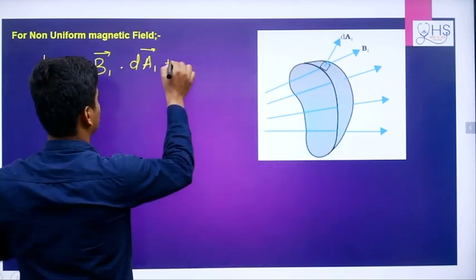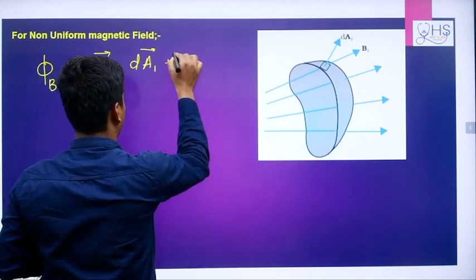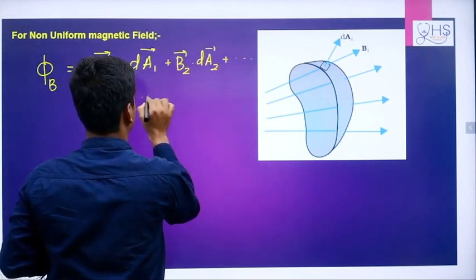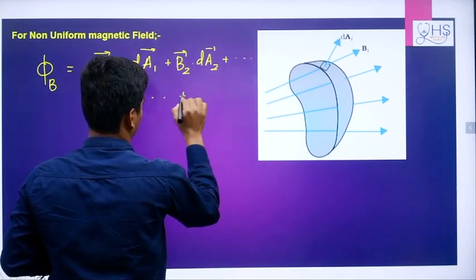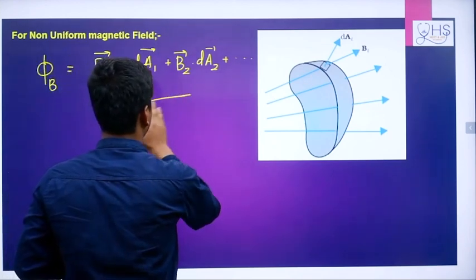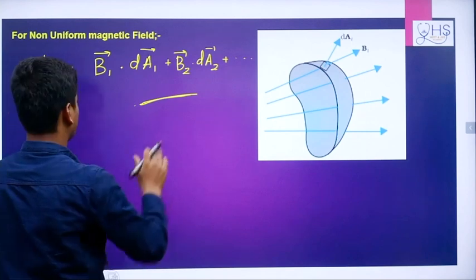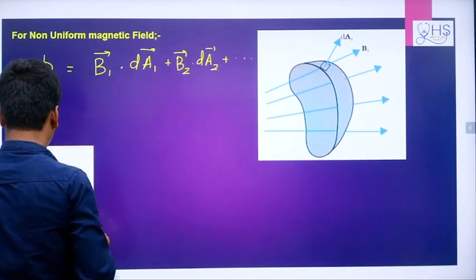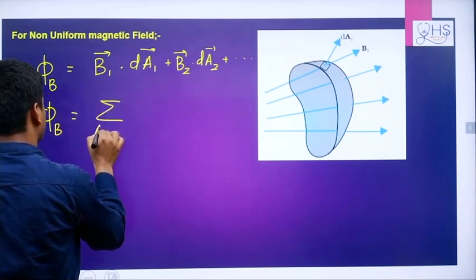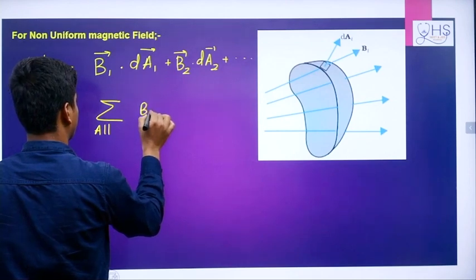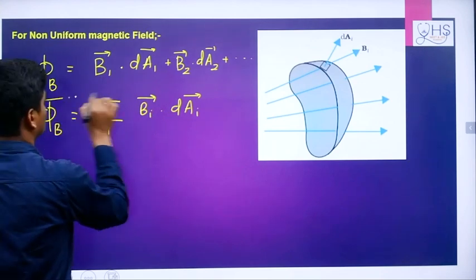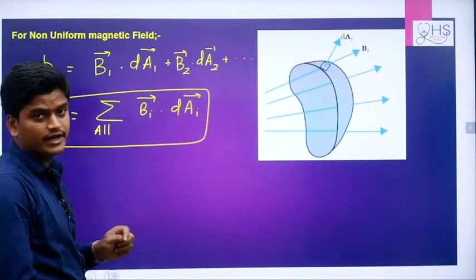That small flux you should bring and you should add, plus dot, up to whatever number there is. So everything I can write as flux through the surface equal to summation over all the surfaces B i dot dA i. So this is the flux for a non-uniform magnetic field.